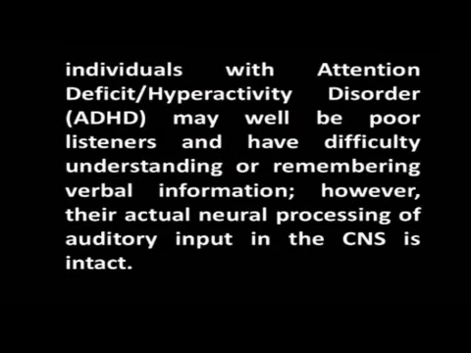For example, individuals with attention deficit hyperactivity disorder, ADHD, may well be poor listeners and have difficulty understanding or remembering verbal information. However, their actual neural processing of auditory input in the CNS is intact. Instead, it is the attention deficit that is impeding their ability to access or use the auditory information that is coming in.